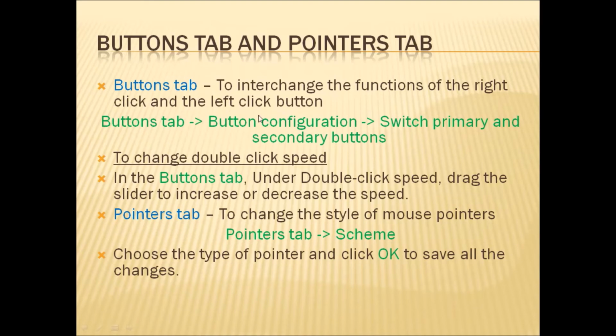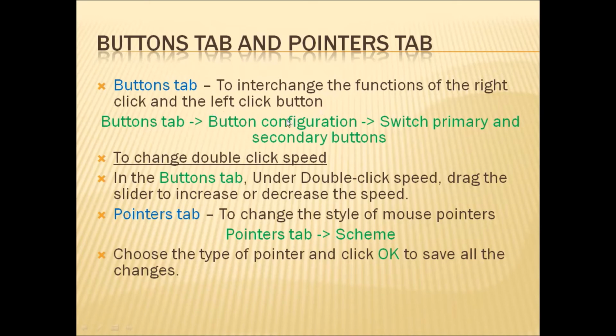See, for left click we will use select by left clicking it, and open, delete, rename will come when we right click on it. So we are going to interchange the function of left click and right click. If we want to select, we are going to right click, and if we want to open or delete a file, we are going to left click it.